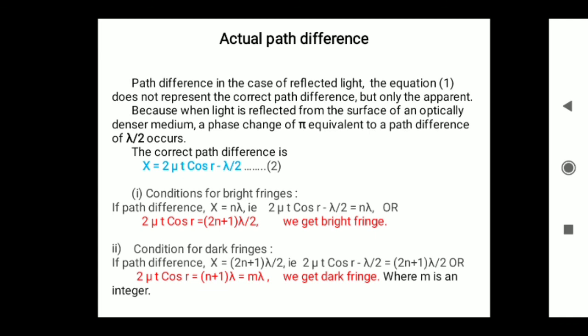Or if the path difference x is equal to (2n plus 1) lambda by 2, or 2 mu t cos r minus lambda by 2 is equal to (2n plus 1) lambda by 2, or 2 mu t cos r is equal to (n plus 1) lambda, or it is equal to m lambda, we get a dark fringe, where m is an integer. These are the conditions for bright and dark fringes in case of the interference in thin films.